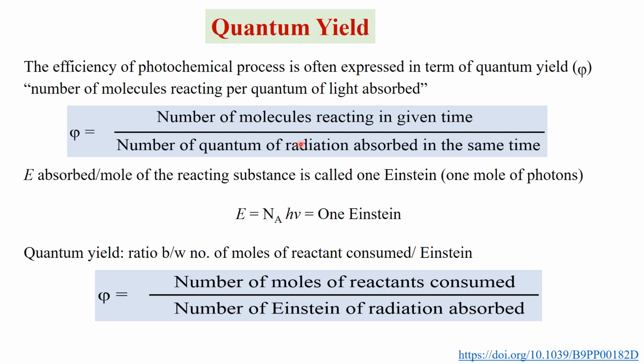Usually, we do not take reactants as molecules, we take our reactants in the form of moles. So 1 mole of photons is called an Einstein. Energy of 1 mole of photons is called 1 Einstein. Or we can say that the quantum yield is the ratio between the number of moles of reactant consumed per Einstein absorbed.